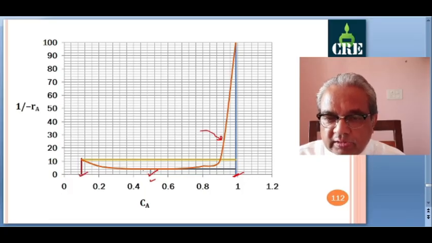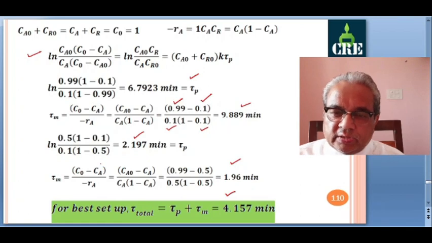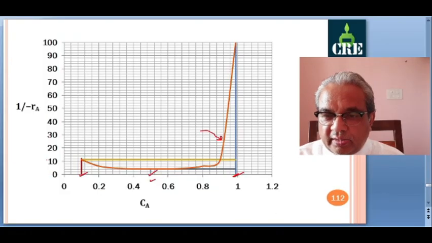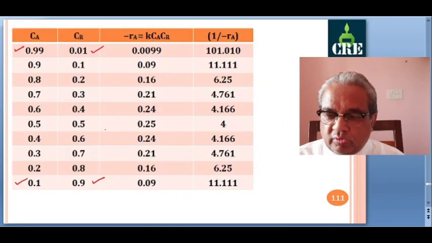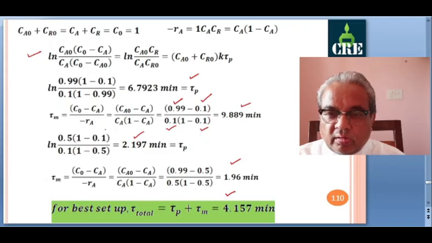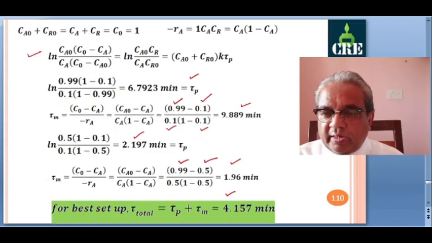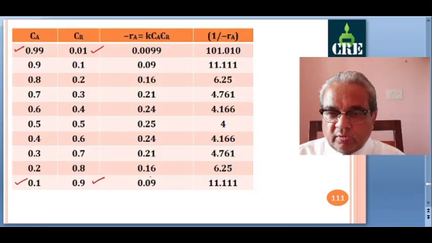So this area you can find out, and you will get exactly the same result here. Tau m, your mixed flow reactor, is from 0.99 to 0.5, and that is 1.96. So this scheme is best.